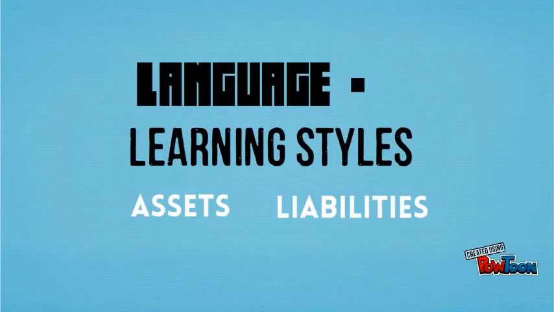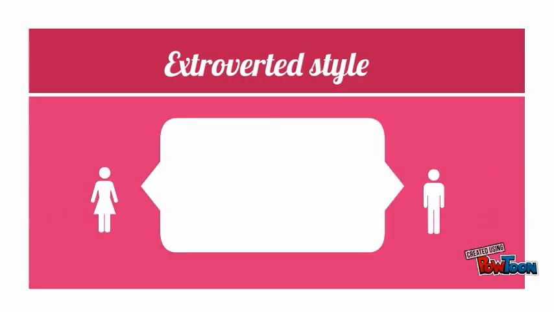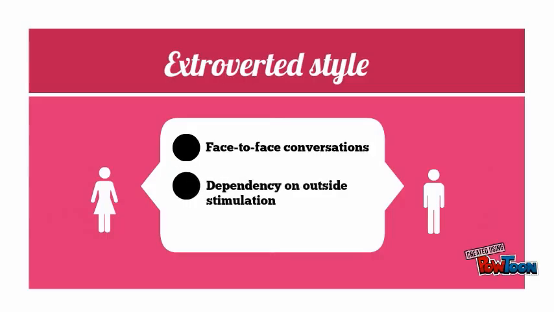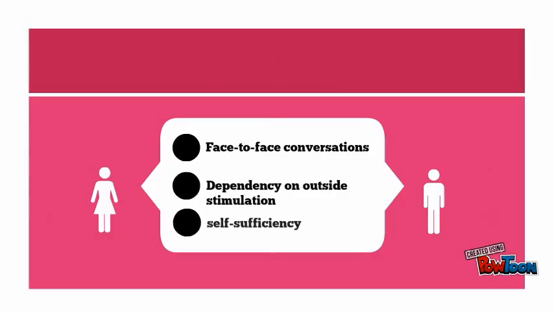For example, an extroverted style is beneficial for face-to-face conversation, but it can also entail dependency on outside stimulation and work against self-sufficiency.